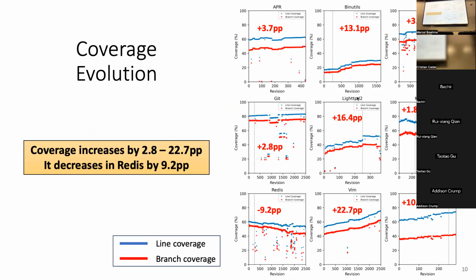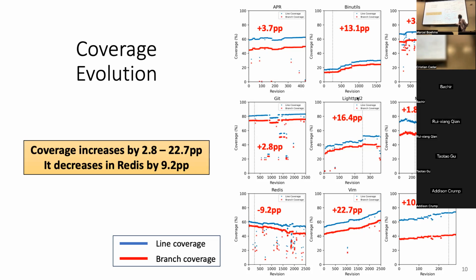But we see some bigger ones as well, particularly in Vim. We see the highest increase with 22.7 percentage points. And if you do look at Vim, you're going to see that in this time period, developers started to pay a lot of attention to testing, and they put a lot of effort into improving the testing on Vim. I think this paid off, at least in terms of overall coverage.